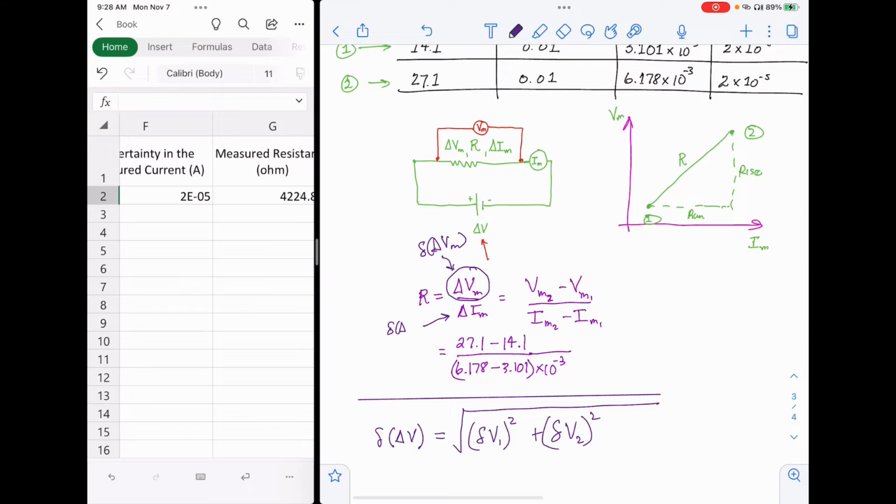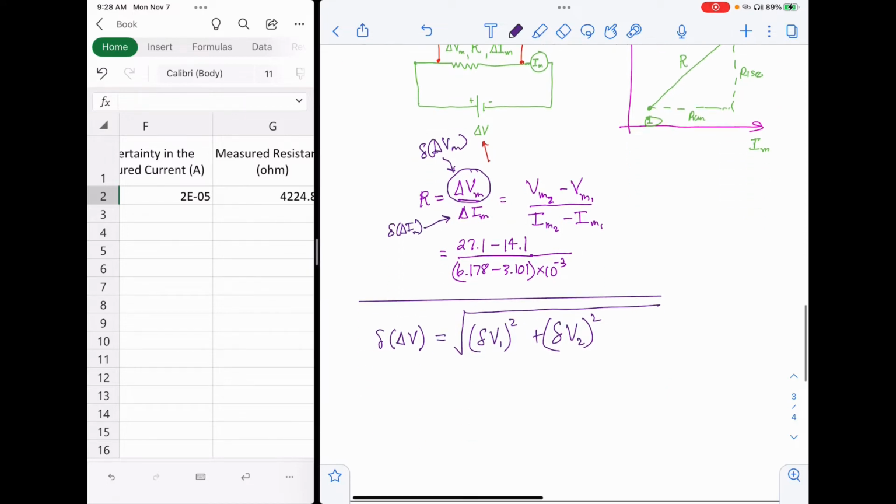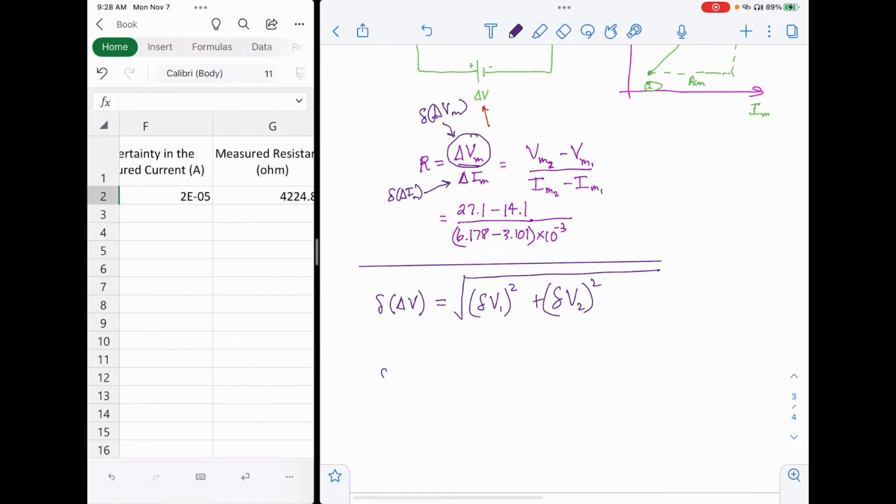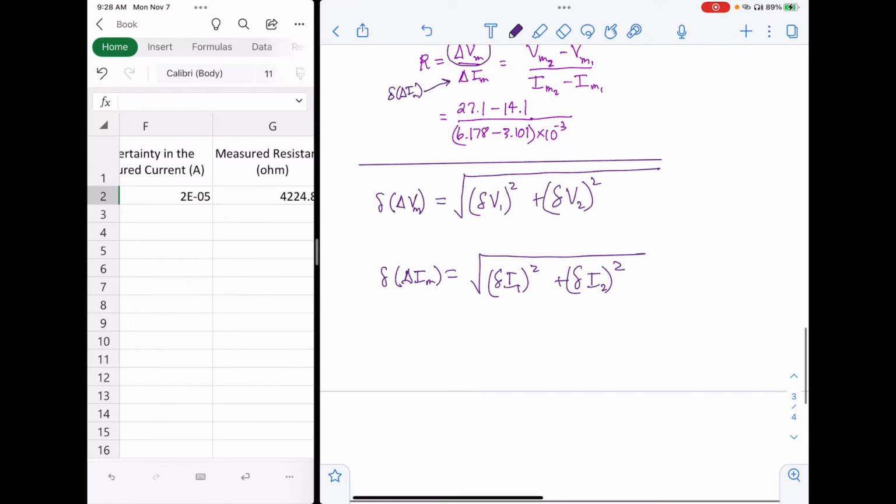So we're going to have to find the delta I sub m here. All right. So we're going to use these two. I'll put the little m here, and I'll put delta I sub m equals the square root of delta I sub 1 squared plus delta I sub 2 squared. Now, that's beautiful.